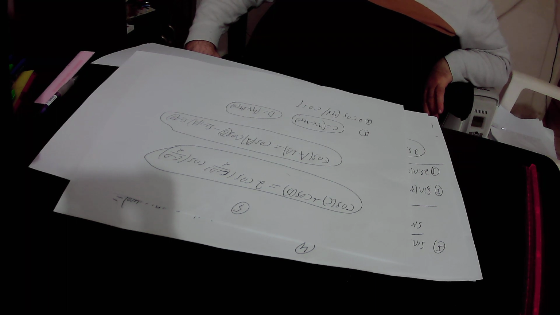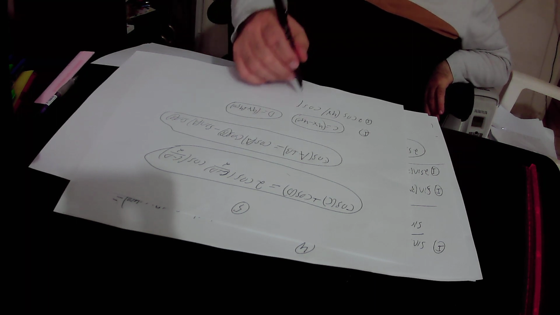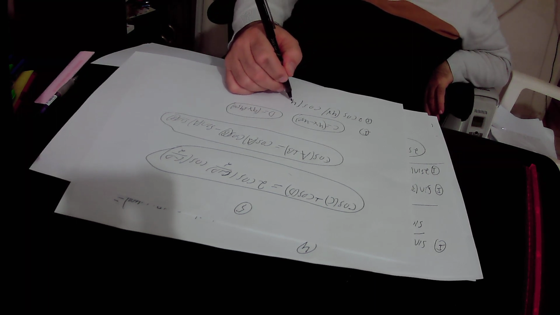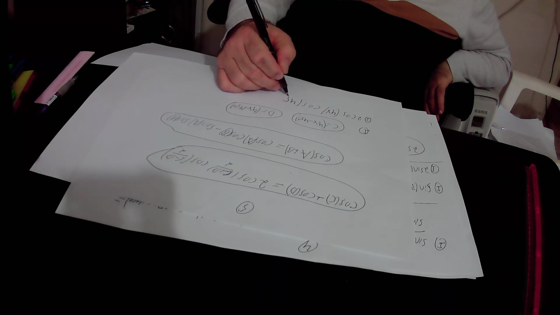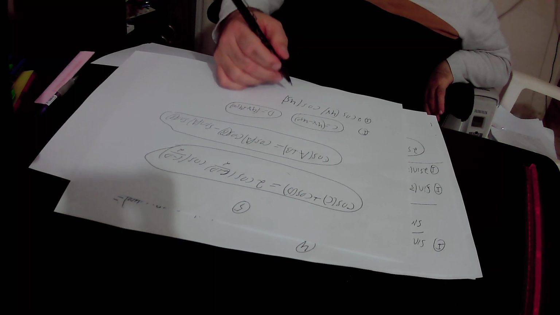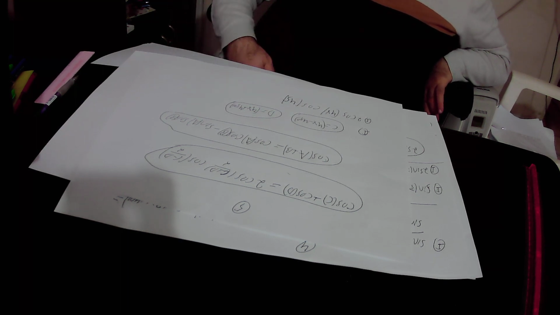So we get minus 45 degrees, but because cosine 45 degrees equals cosine minus 45 degrees, we will change the negative sign to a positive sign, and we will get cosine 45 degrees.